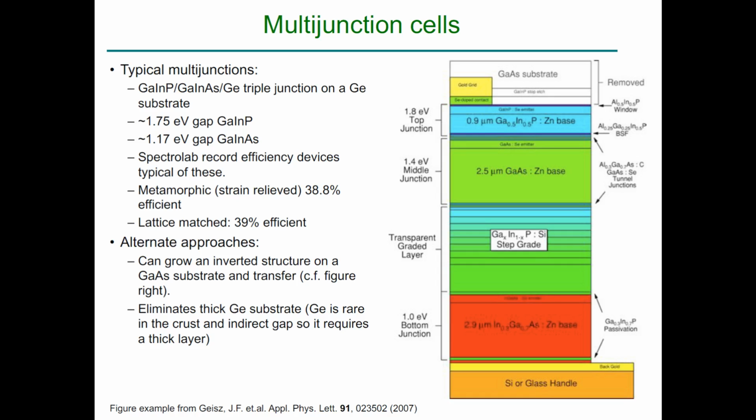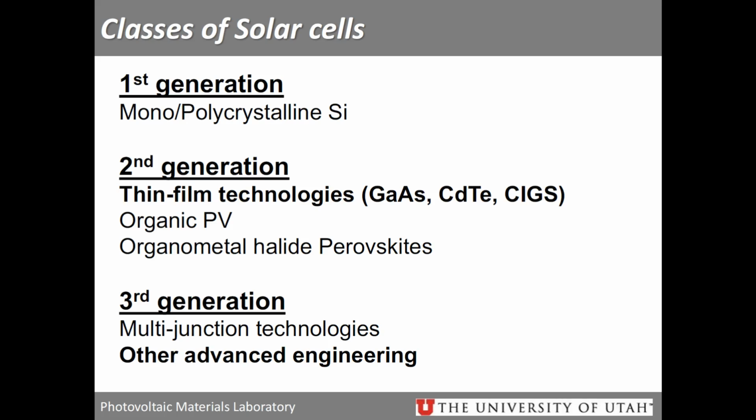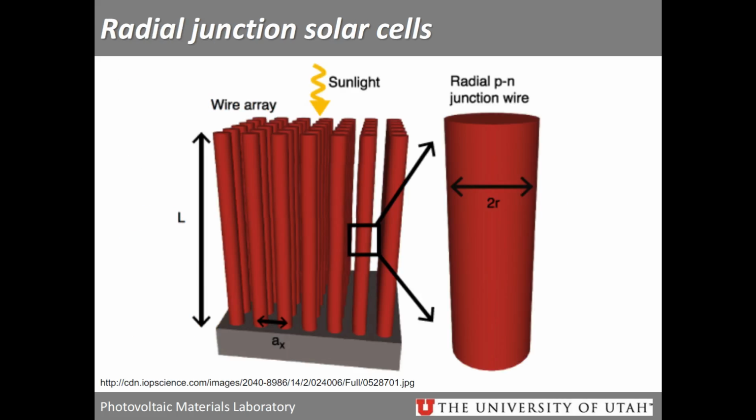Dr. Menon also discussed this, and this again is typically a bit difficult to manufacture. The final thing I wanted to discuss is other advanced engineering techniques apart from the multi-junction, which is the radial junction solar cell, again using parametric optimization.